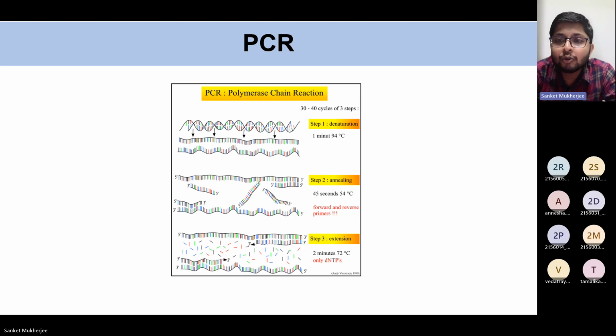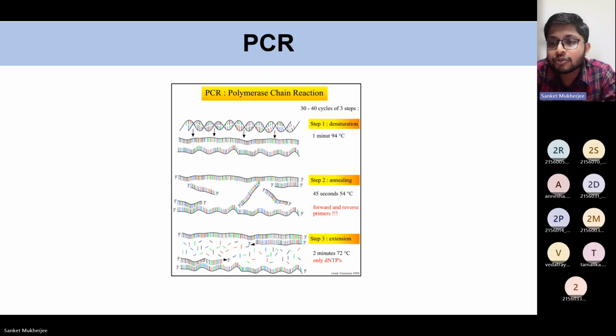What if you lower the annealing temperature? What would happen? What if you increase the annealing temperature above Tm minus 5?